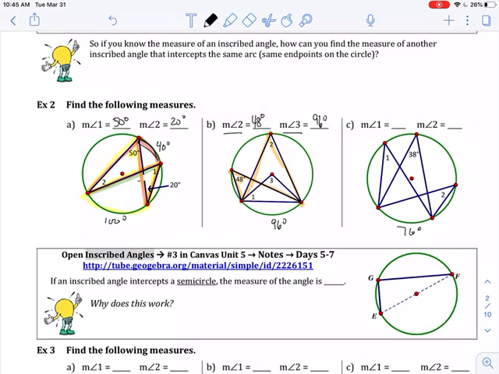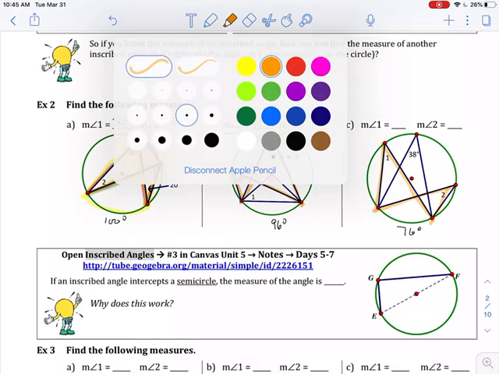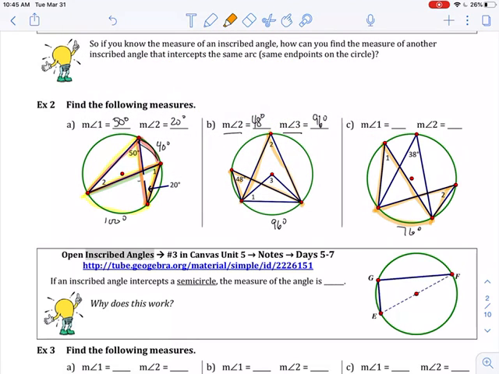Okay, looking at example C. We're looking for angle 1 and we're looking for angle 2. Those both intercept this arc right here. So if we find this arc, we find our two angles. They're giving us this one is 38 degrees.